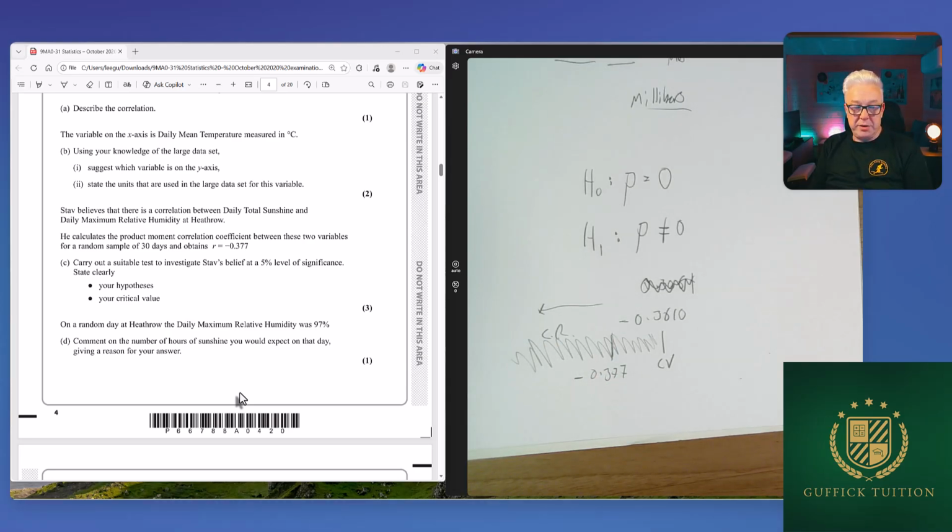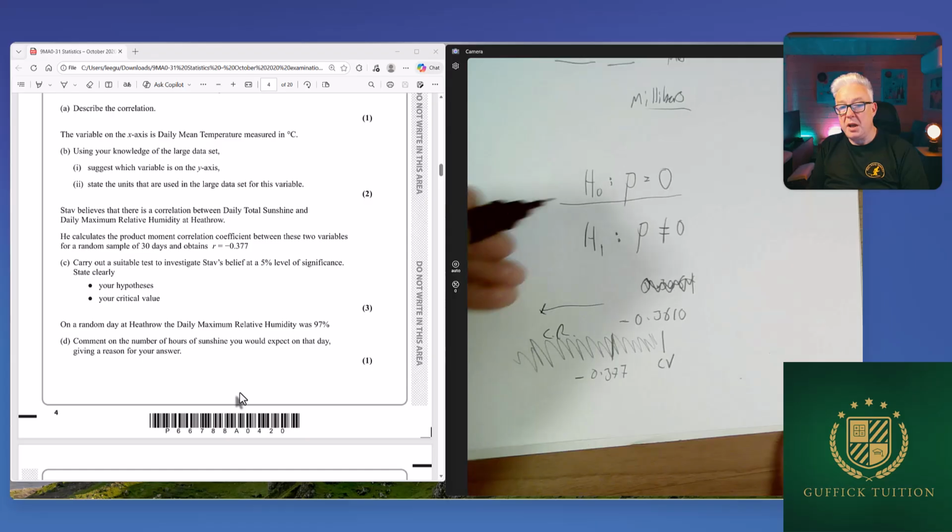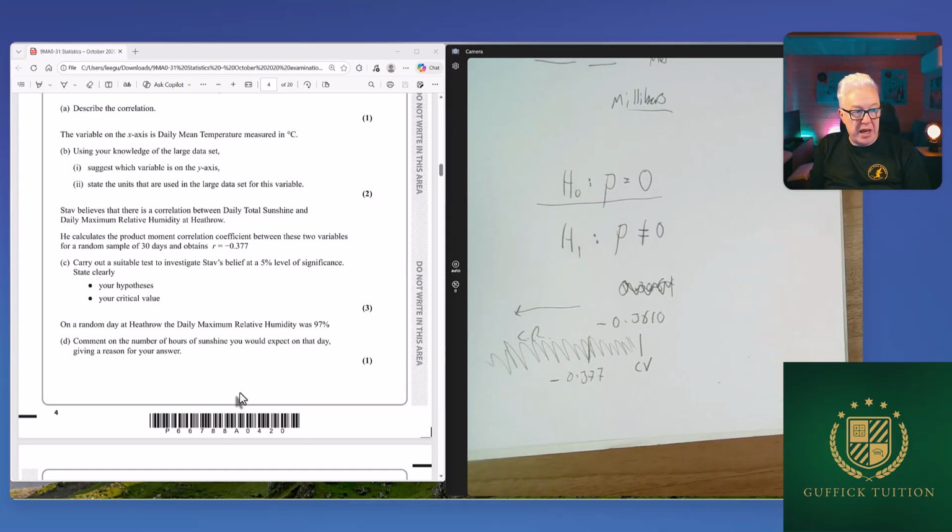Okay, so the result is significant, and we're going to say that there is enough evidence to reject H0, and there's enough evidence to suggest that there is a correlation between the daily total sunshine and the daily maximum relative humidity.